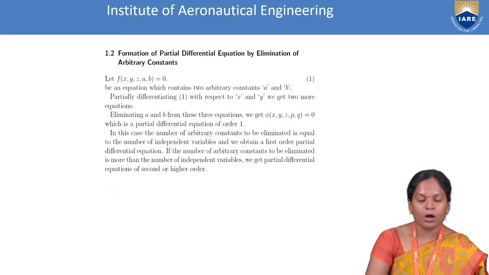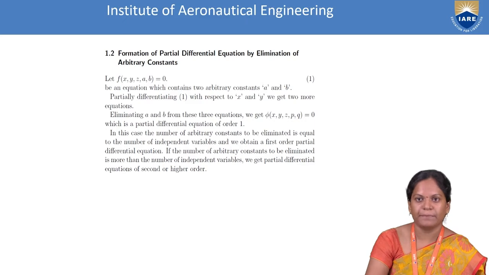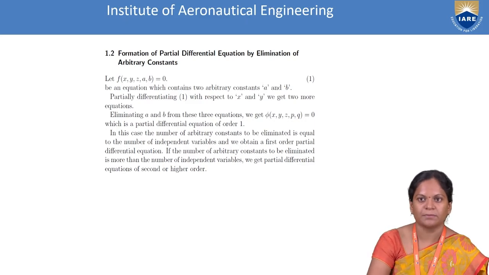First, we should know how to form a partial differential equation for a given general equation. Suppose I am taking any function or equation involving x, y, z, a, b and so on. Here, how many arbitrary constants? a and b are two arbitrary constants.